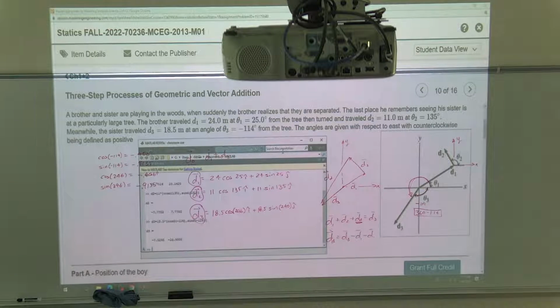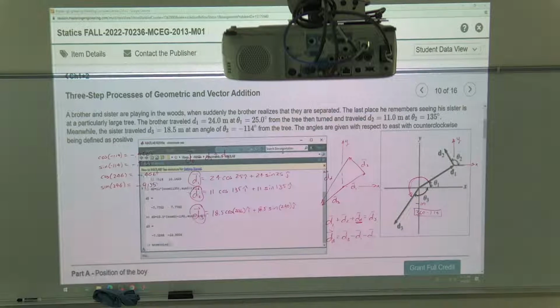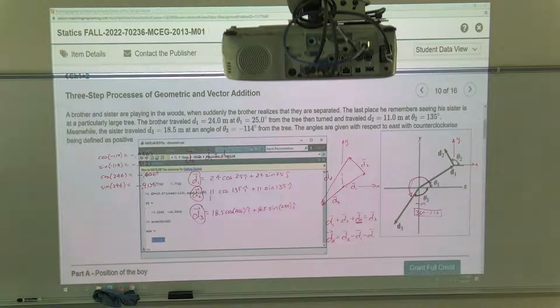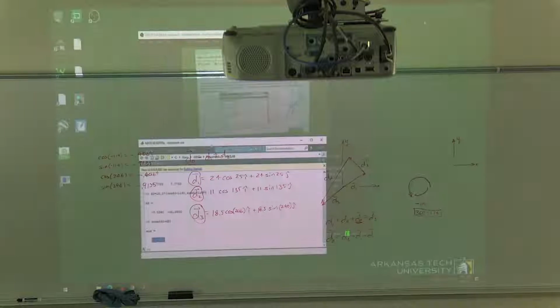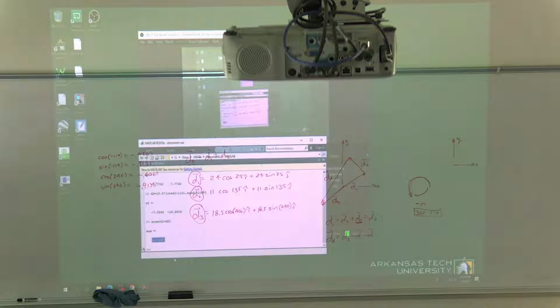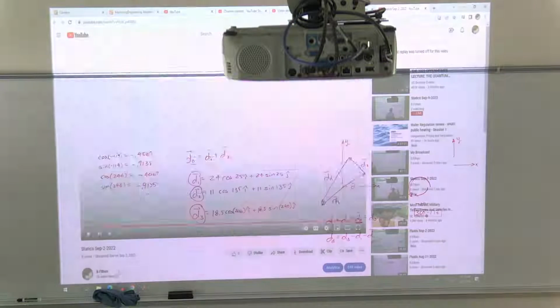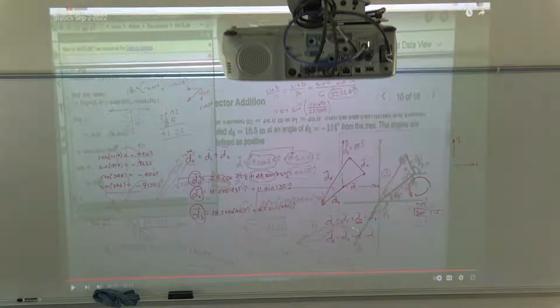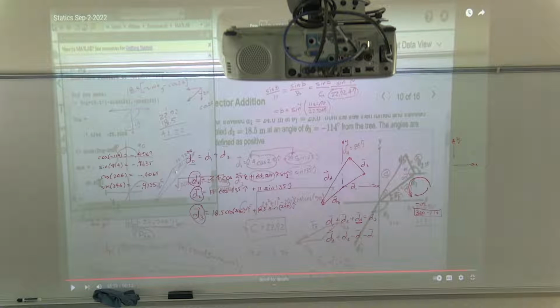So if you want to, you can find, for example, the norm of D1 plus D2. And you'll see 22.7247 right there. If you look back at the video, that was the 22.